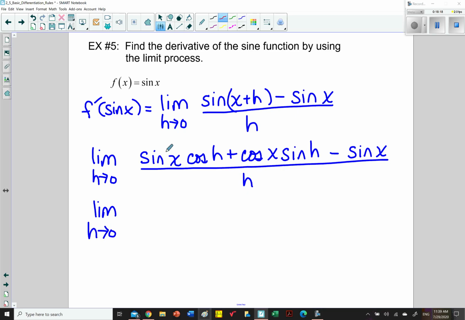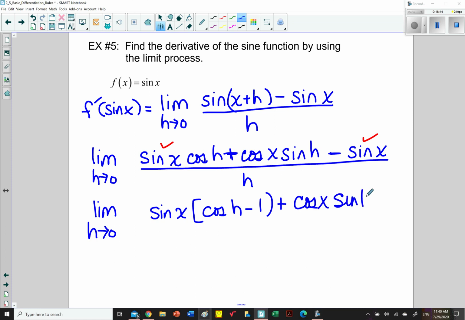So do you notice how this term has sine and then subtract, and this term has sine? Let's pull that sine out into the front. So the sine of x times cosine h minus 1 plus the cosine of x and the sine of h. And this is divided by h.